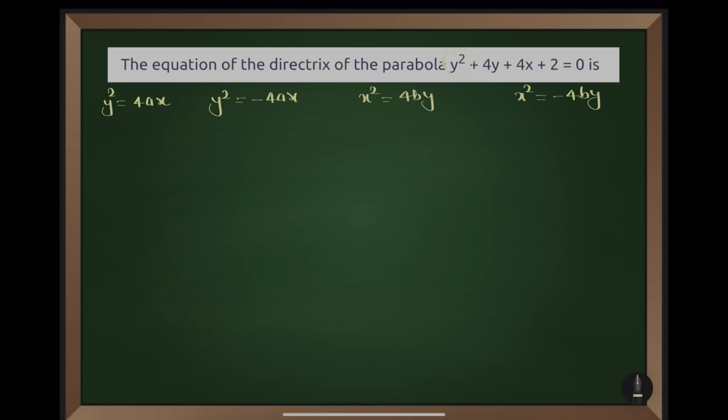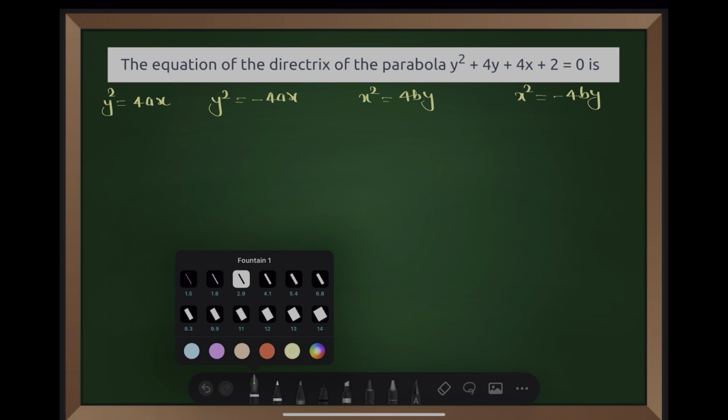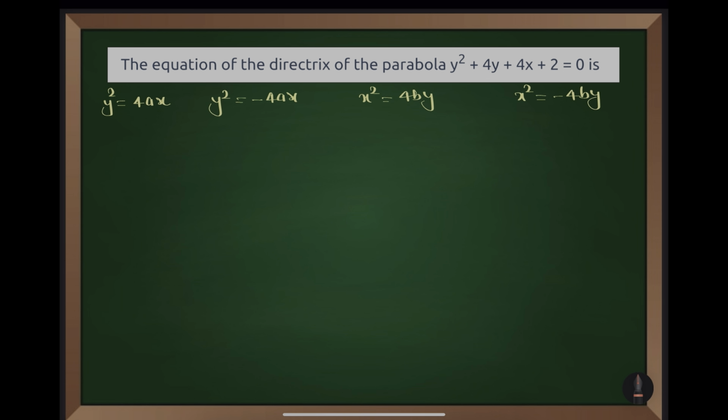So you have to convert your question into one of these forms. Here we have y square, so I am assuming this falls in one of the two categories. Okay, so let's attempt it. First go with completing the square. I'll keep the y terms on one side and the x terms on the other side.